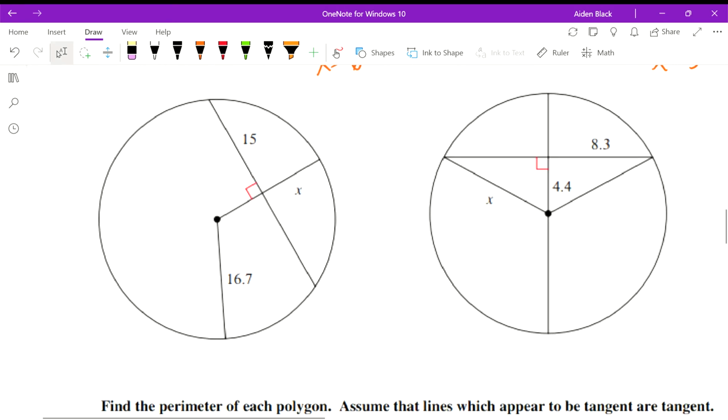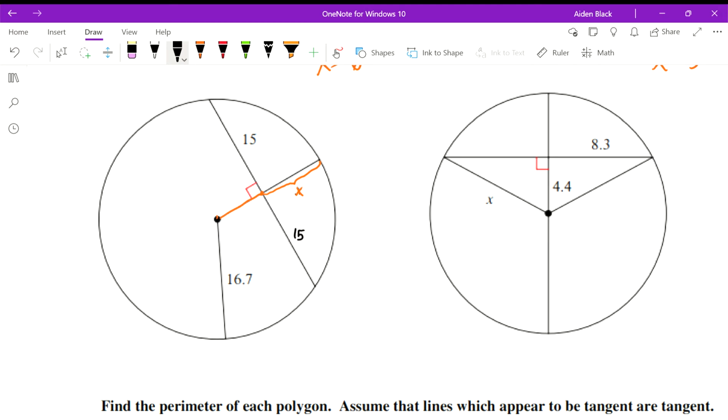For these ones, though, x is this value here. We know that this is perpendicular to the chord, so it cuts it into two equal pieces. So whether you use this part of the chord or this part of the chord, you know they're both 15. This is 15.